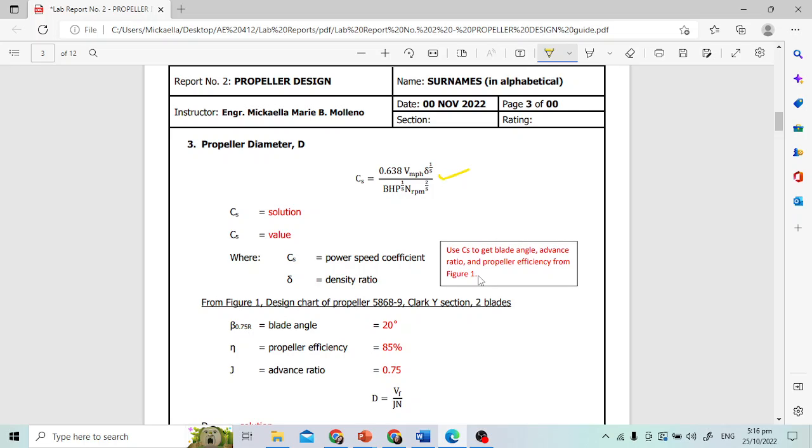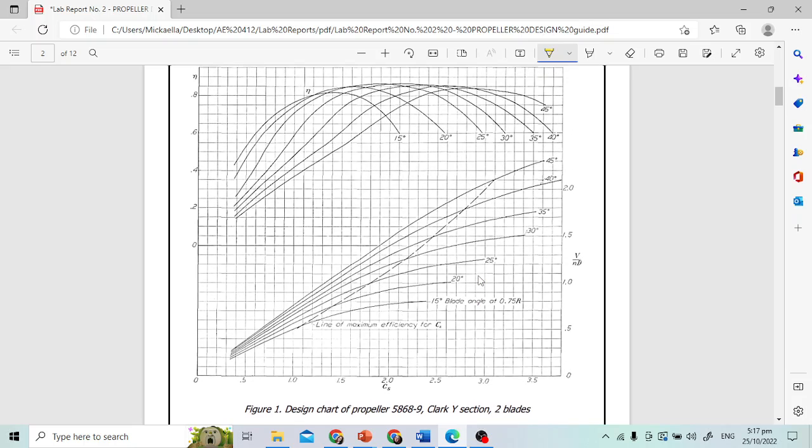I believe, binigay ko naman yan. So, yeah, using C sub S, get the blade angle, beta, the propeller efficiency, and advance ratio. From where? From this figure, right here. So, how would you get it?